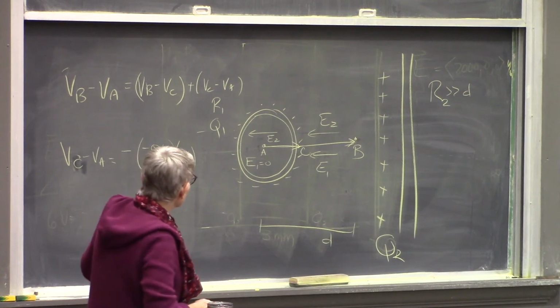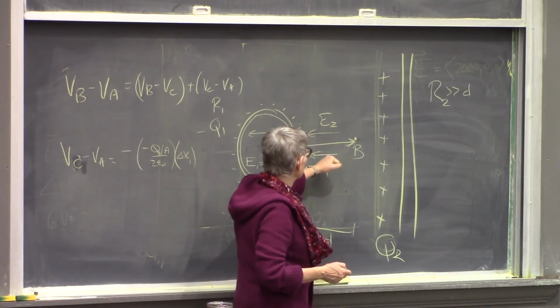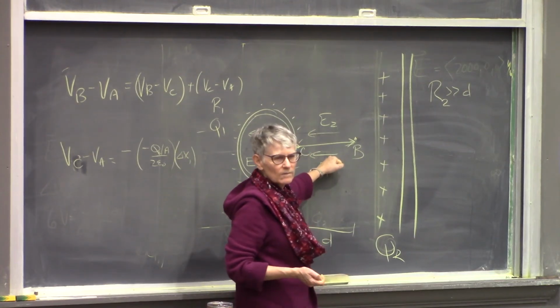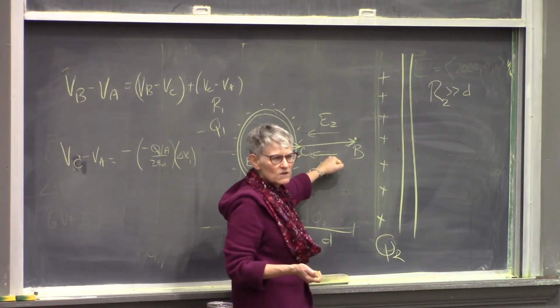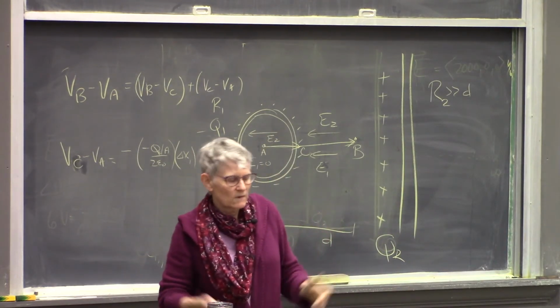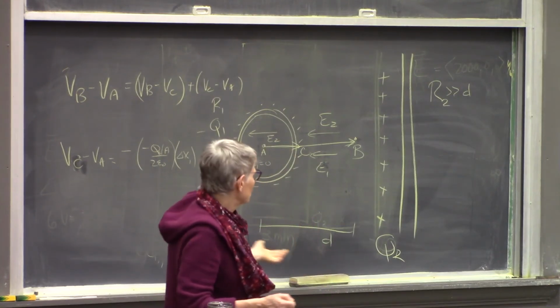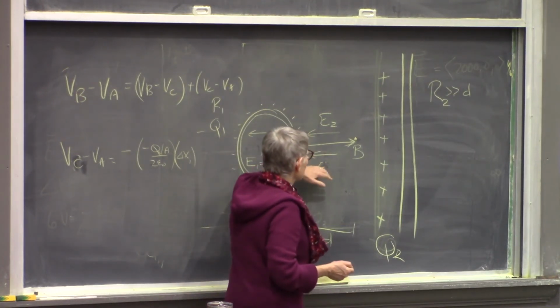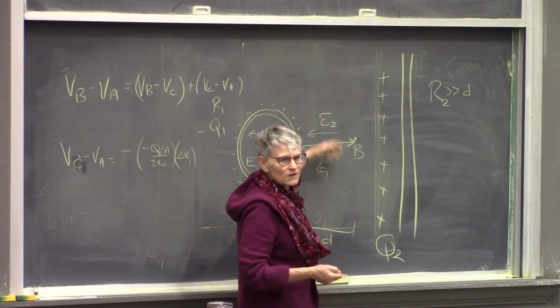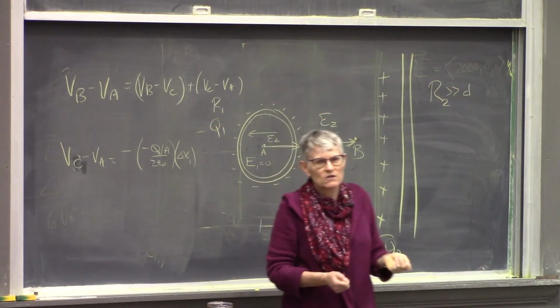What about out here? How do we deal with the fact that we've got two contributions to the field? We've got the disk and the sphere. You can calculate them separately because superposition says the net field is the sum of those two fields, so the potential difference is going to be the sum of the potential difference with respect to the disk and with respect to the sphere.